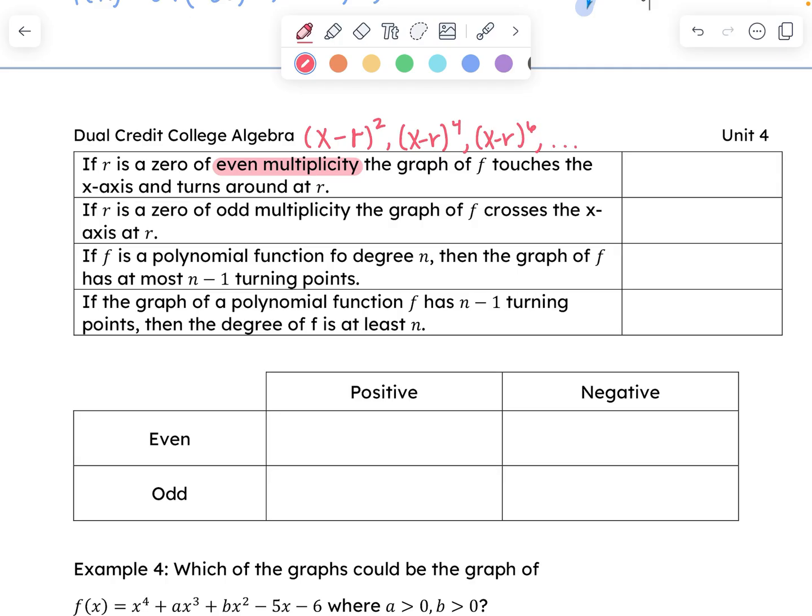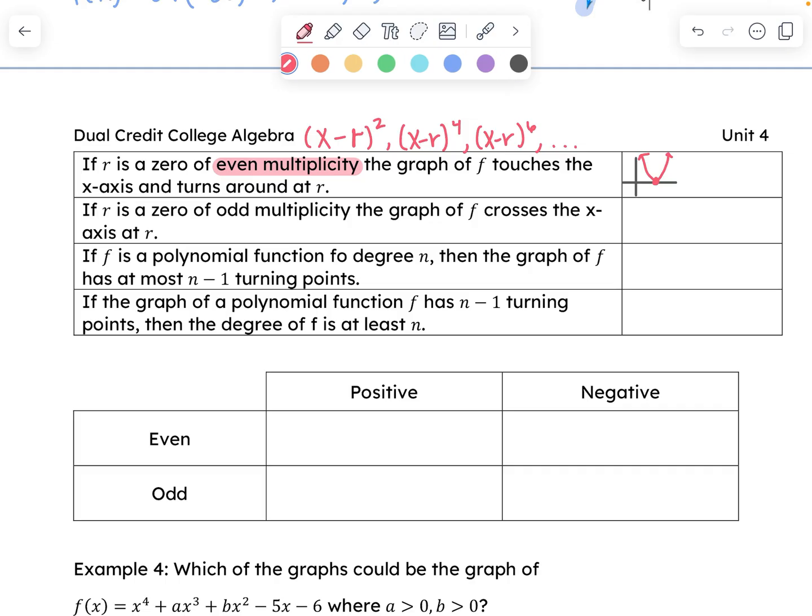It's an even multiplicity. Then the graph touches the x-axis and turns around at r. So what that looks like, you can draw it over here in your box. It's going to turn around, which means let's say that r is right here. It's not going to go through the axis, but turn around and bounce off the axis.